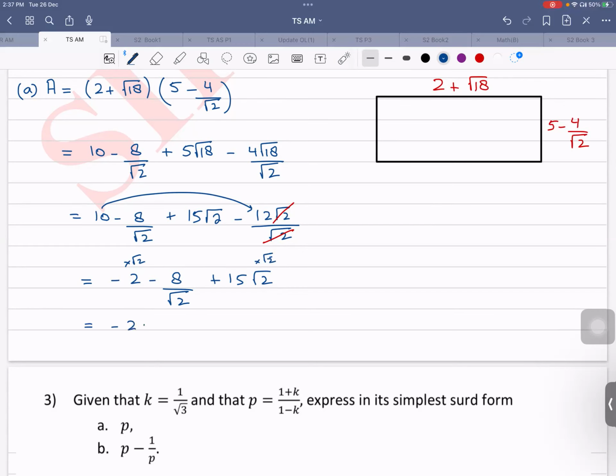And now we will rationalize. Now rationalize.